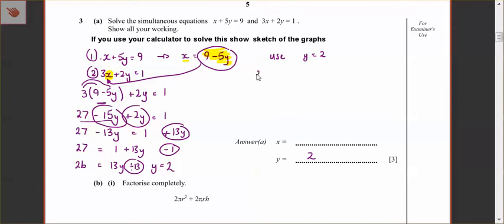So I've got x plus 5 times 2 equals 9. So that's x plus 10 equals 9. Subtract 10, I get x equals minus 1.